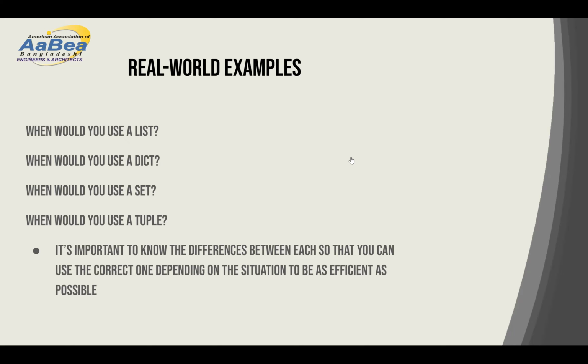For example, if you accidentally use a list where you need to use a tuple and then accidentally edit the list, you might end up altering and destroying the data by accident because you used the wrong data structure in that instance. So it's really important to use the correct one in a specific instance.